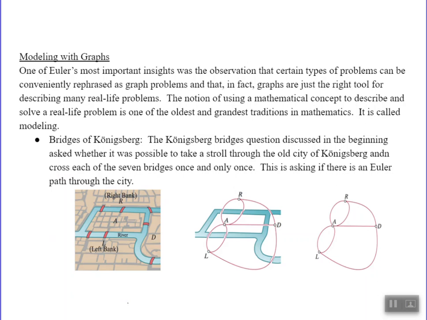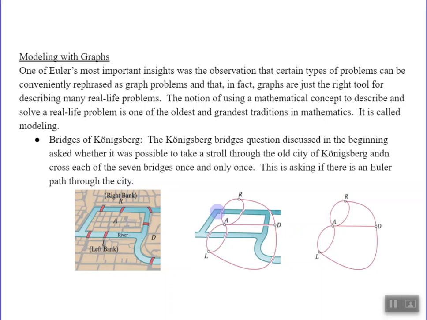So if we go back to the bridges of Königsberg, we have this diagram of the city and the rivers and the bridges. You can model this with a graph. Each landmass is a vertex here. Each bridge counts as an edge.